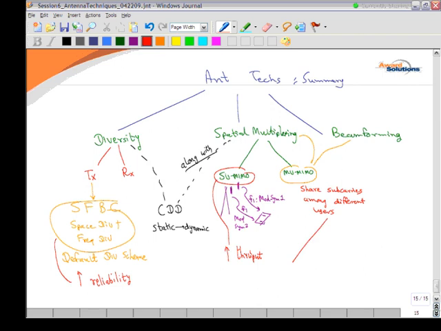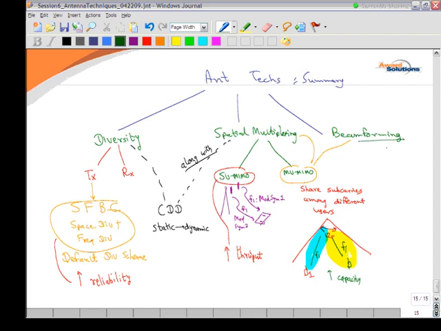Within a 120 degree sectorized region, I have created two beams, and since I am reusing the subcarriers, let's say F1 here and F1 here, I'm again able to increase the capacity and throughput. That is right. So these are the beams that we have created.